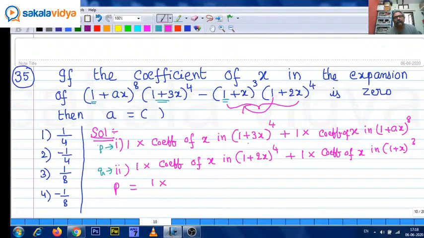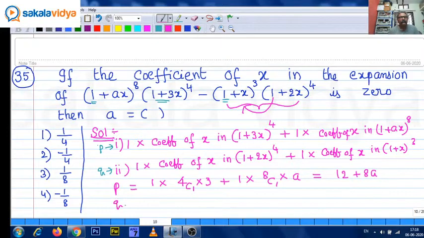Understood now? nC1 means here 4C1 into 3x, 3x means here 3. You need to write into 3 plus 1 multiplied by coefficient of x in this one, that is 8C1 into a. So here 4C1 is 4. 4 into 3, 12. Plus 8C1 is 8, 8a. P value is 12 plus 8a.